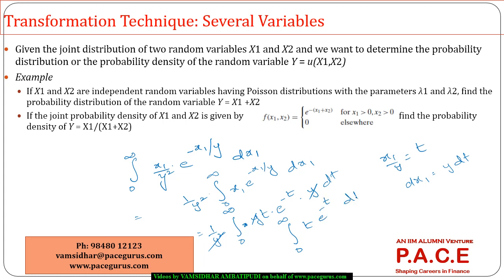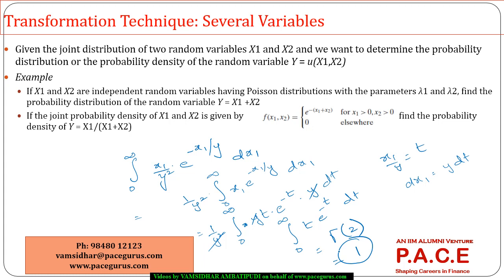Oh, this is looking like a gamma function because t to the power of alpha minus 1, alpha is 2. I can very well set it as t to the power of alpha minus 1 into e to the power of minus t by beta. So alpha is 2, beta is 1. So overall this is working out as gamma of 2, which is 1 factorial becoming 1. So the overall density function is becoming 1.